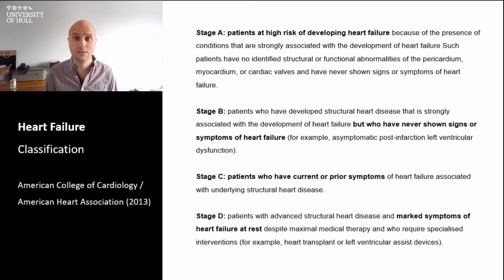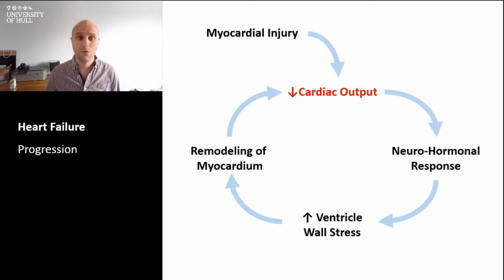failure, even at rest. Now, I'm going to offer this model for how heart failure begins and then progresses. So we start off with a myocardial injury or some sort of structural abnormality to the heart, and we'll go through some of those in just a moment.